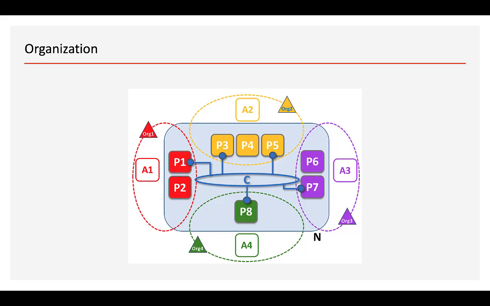And in this case also we are seeing that there is organizational belonging of the peers, and then the trust levels are also different.